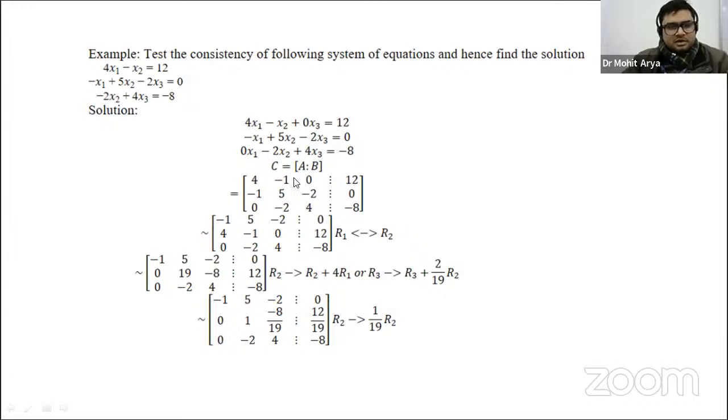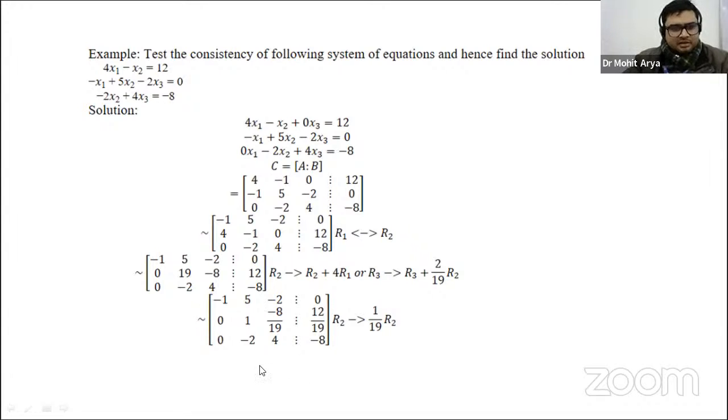Augmented matrix means we have the coefficient matrix, and we introduce another column for the matrix B. Here we apply the elementary row transformations again and finally get a transformed matrix. In this transformed matrix, there are two parts: one part is of the matrix A and another part is of the entire matrix, by including matrix B.